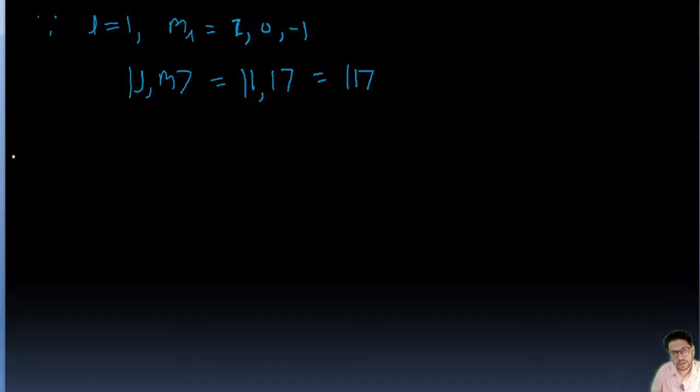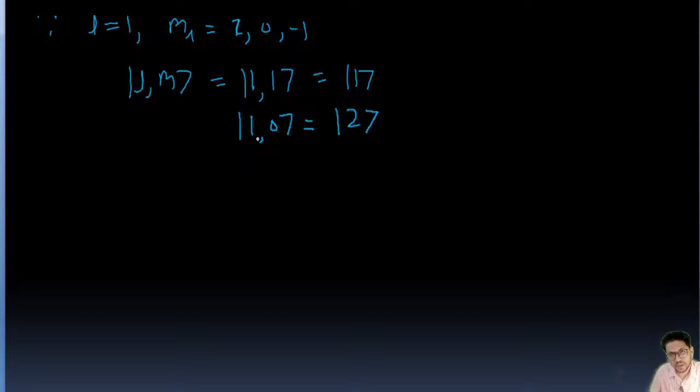This state is denoted by 1. Similarly, the second one is l equal to 1 and m equal to 0, that is |1 0>, and this state is denoted by 2.